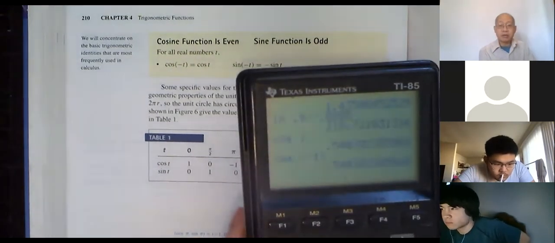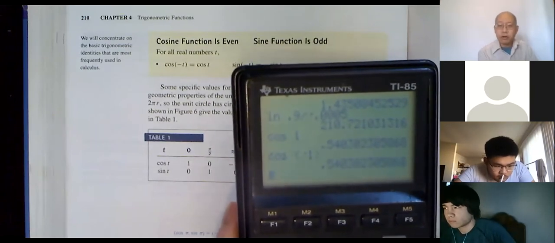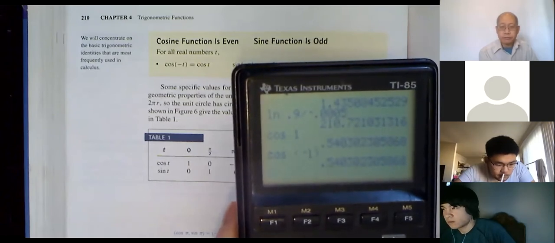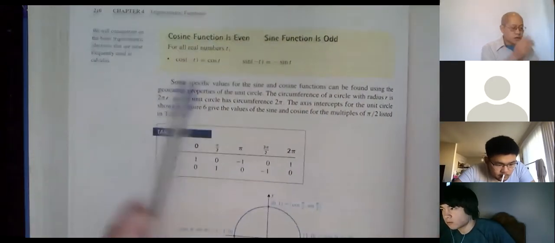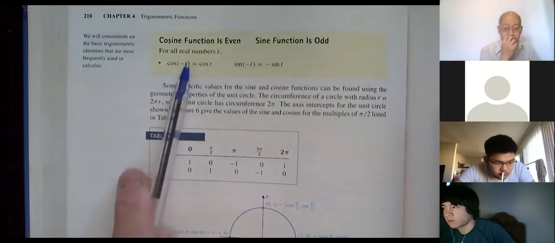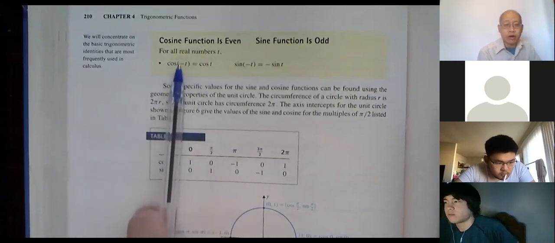And I get the exact same number. See that? Cosine of 1 radian, 0.540. Cosine of -1, same thing, 0.540. Okay, so cosine of negative an angle is the cosine of an angle. That means the cosine is even. So the graph of the cosine function would be symmetric with respect to the y-axis. It would have y-axis symmetry.